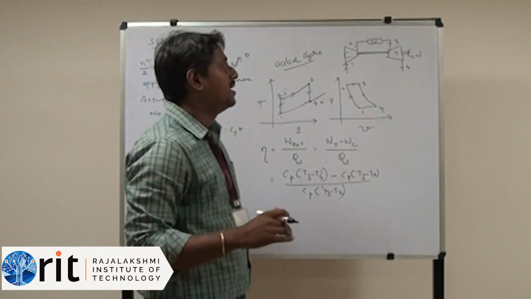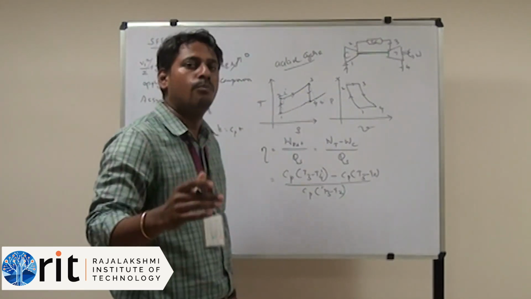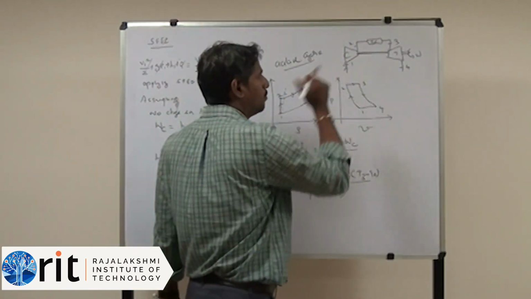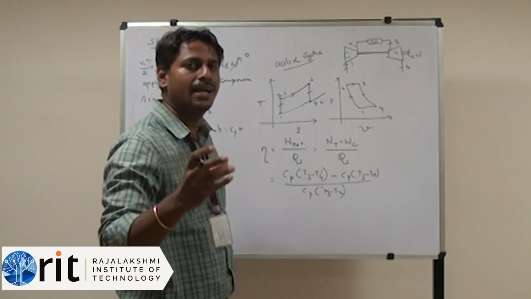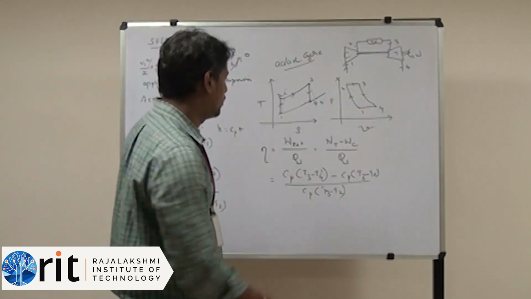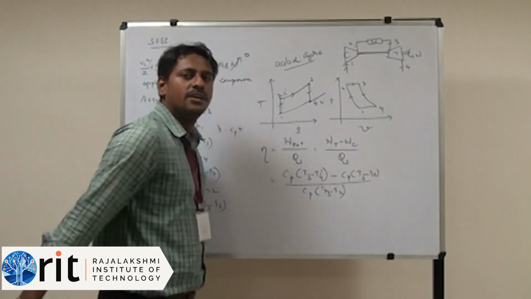So in such a case, the turbine has to produce more gross work output in order to supply the compressor. Then only we can get a reasonable net work output, which is WT minus WC, divided by QS.